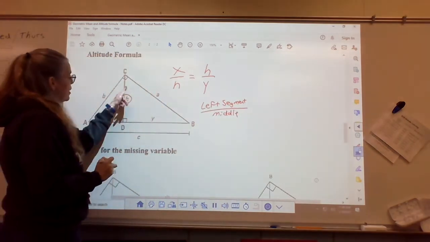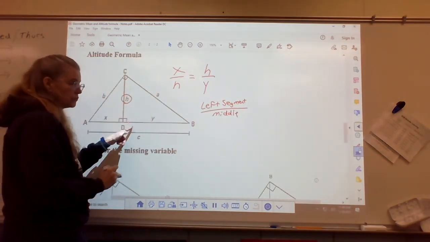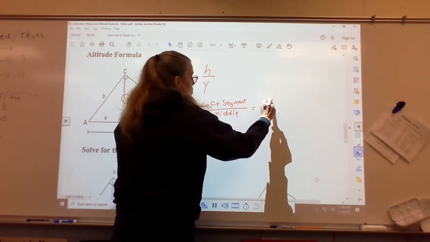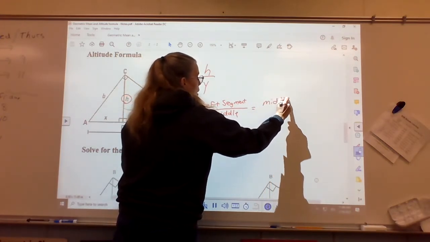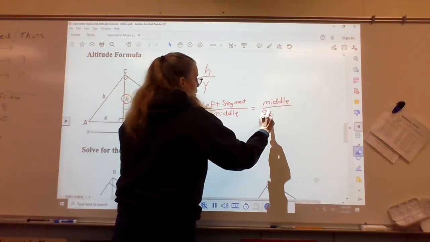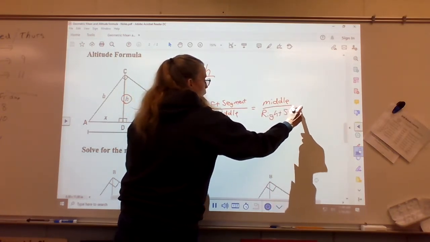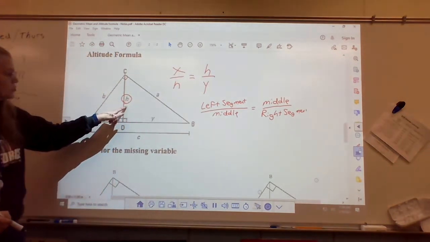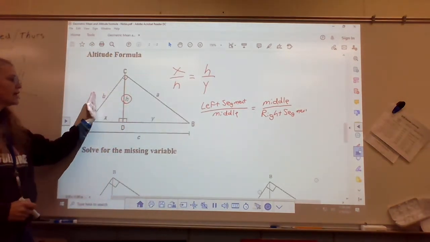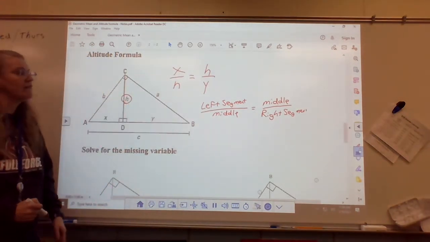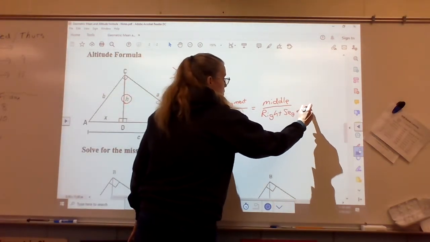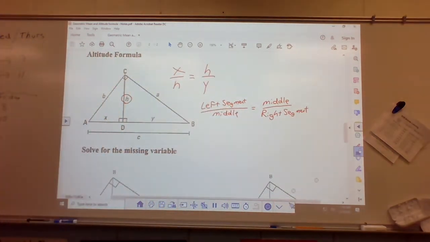And middle is this one. It's also known as an altitude. Equals middle over right segment. And like I said, this is the one that gets used twice because the left side uses it, the right side uses it. That's my formula. That's my setup. So now there's 6 problems involving this.